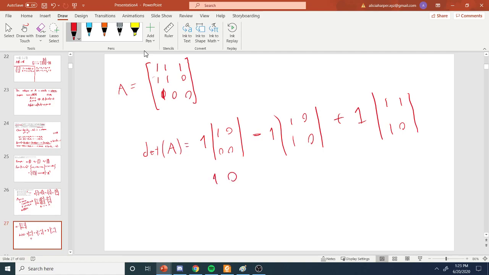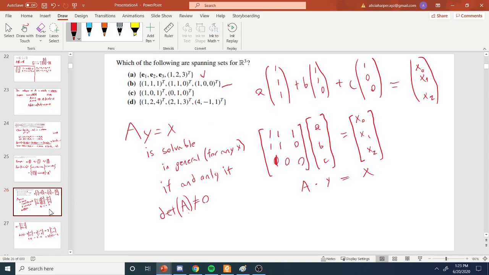This is going to be 1 times 0, this is going to be minus 1 times 0, and this is going to be plus 1 times negative 1, so negative 1. So this determinant is non-zero, which tells us that this system is solvable, which tells us that every vector, for any choice of x0, x1, x2, can be written as a linear combination of these three vectors. So this, in fact, is also a spanning set. All right.